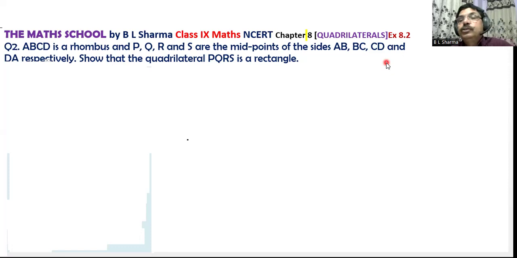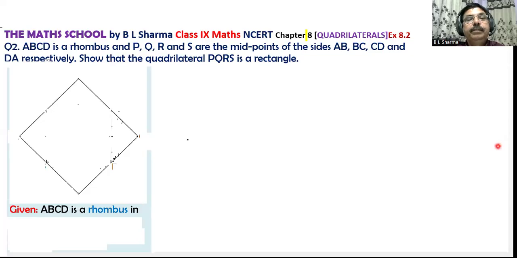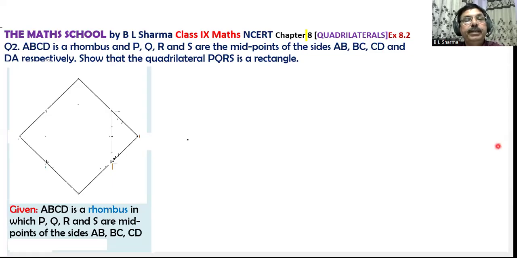So we have to visualize this. We have to draw the figure for it. So first of all, what is given? It is given that ABCD is a rhombus. The figure will be like this, in which P, Q, R, and S are respectively the midpoints of side AB, BC, CD, and DA.